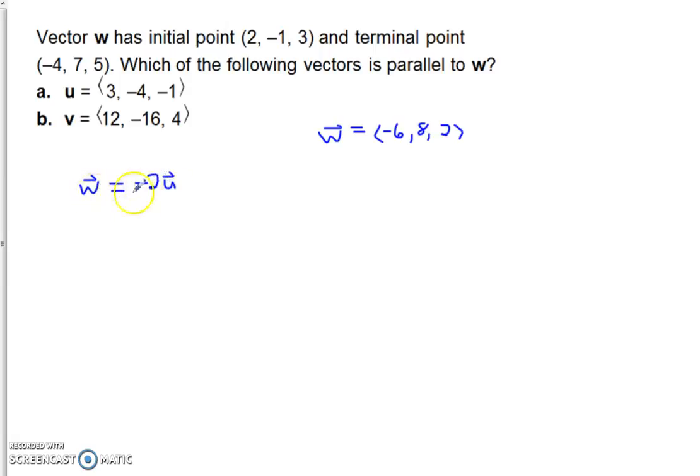Hence, u and w are parallel to each other. They're parallel vectors. Now v, let's see, to make that work, it would have to be -1/2, right? -1/2 times 12 is, I'm about out of time. I got to stop. So you can look at that one and find out the answer.